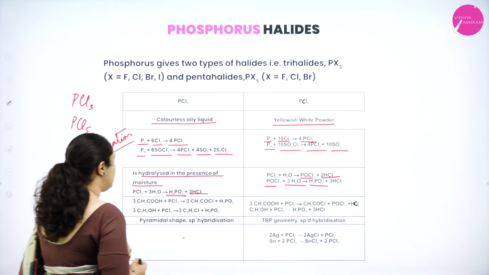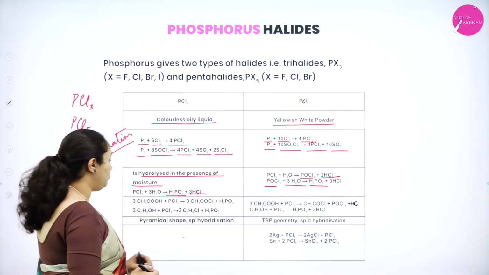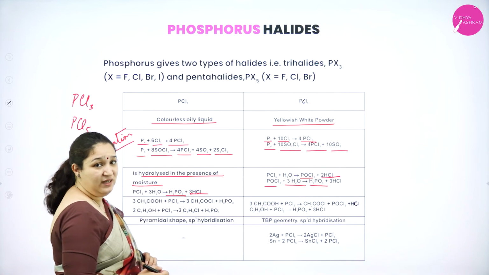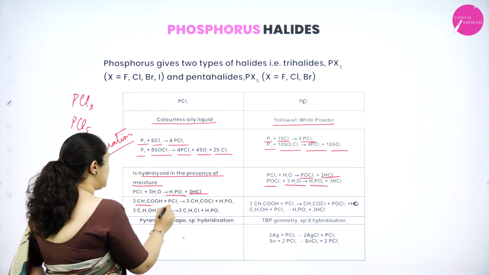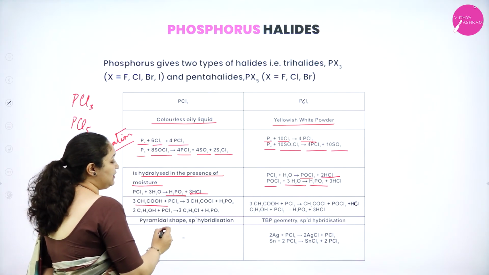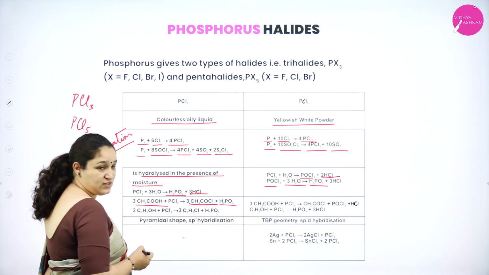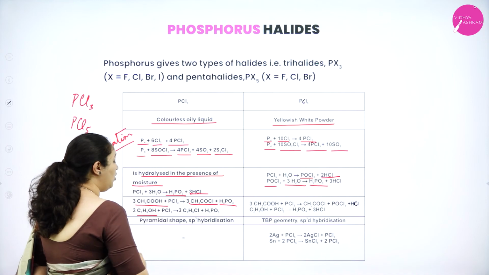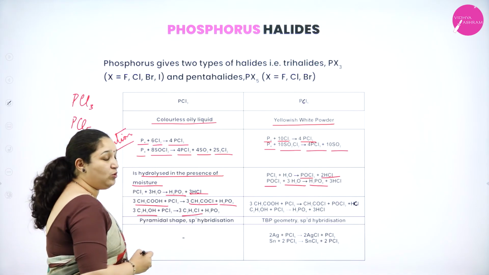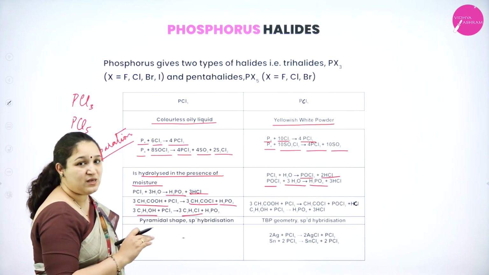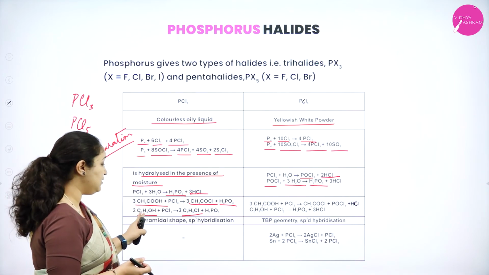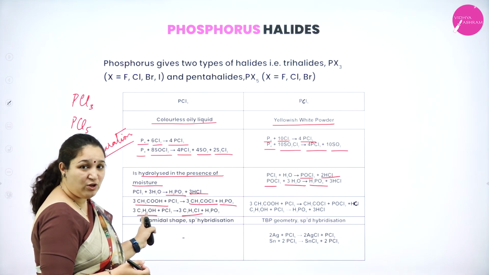Okay, next is, what is its reaction with acetic acid and alcohol? With acetic acid, CH3COOH, PCl3 will form CH3COCl and H3PO3 is formed, whereas with alcohol it will form C2H5Cl, that is substitution. Where have you learned this? In the alcohols chapter you have learned.